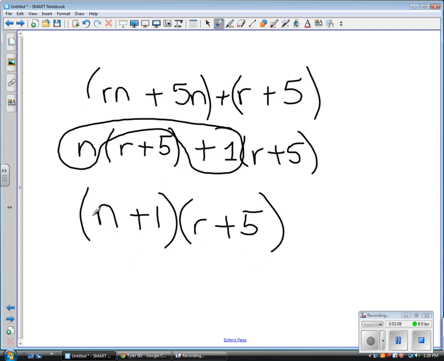Our first term times our first term. So when I broke it up, it was n times the r plus 5, and then it was the 1 times the r plus 5. So when you realize that these 2 sets are exactly alike, you're going to take the things that are in front and make it a group as well.